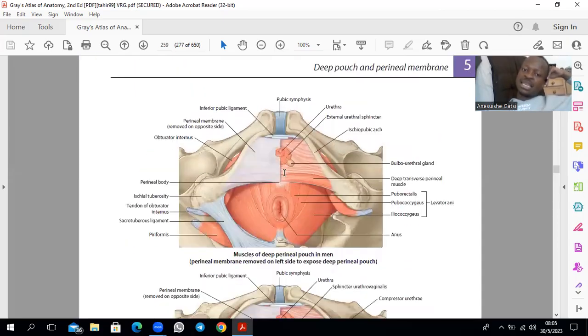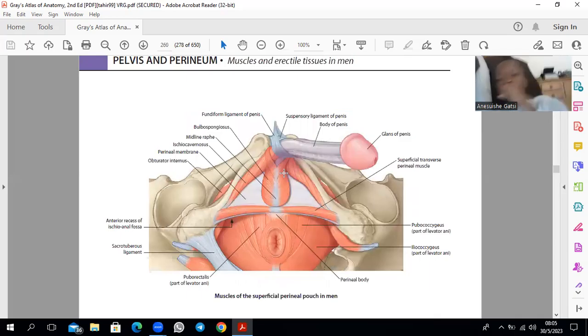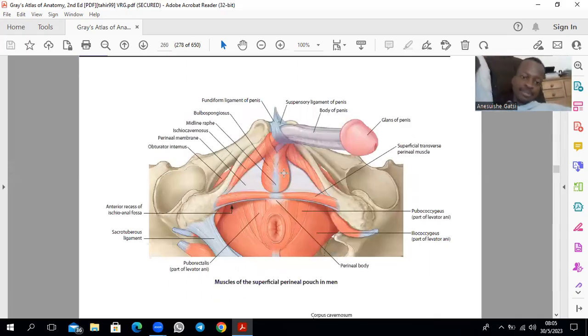Then the last thing will now be to understand contents of the pouches. Right? So how you remember your deep perineal pouch is the glands in the male, which are your bulbourethral glands. Right?